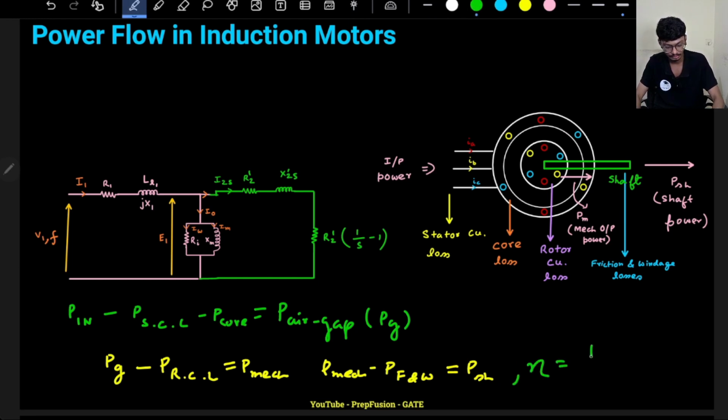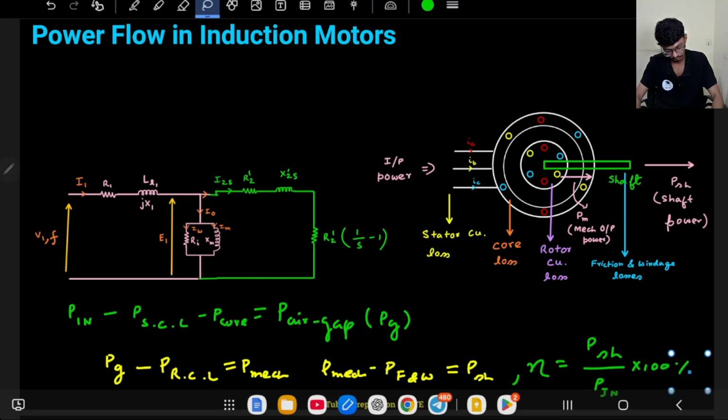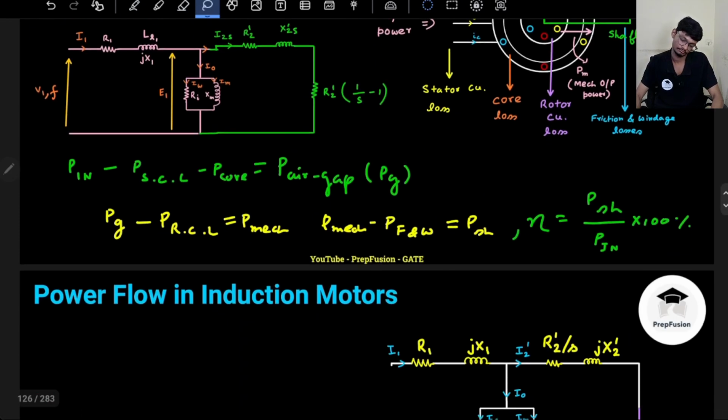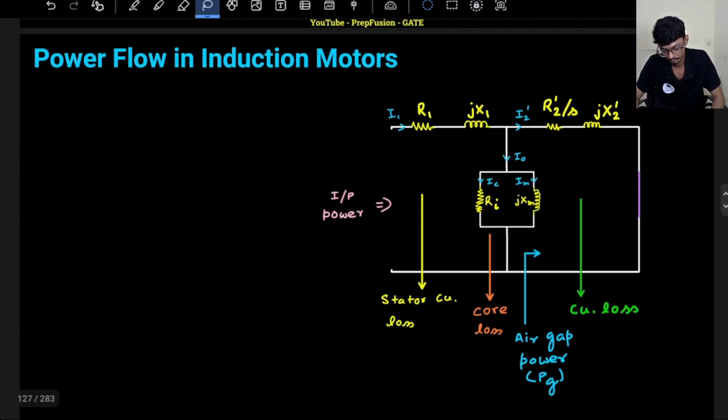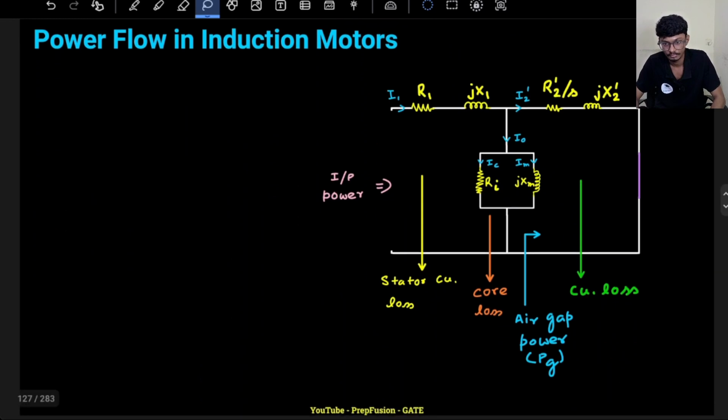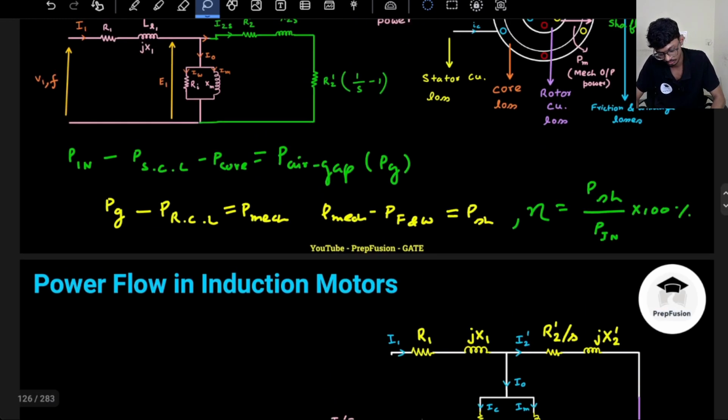So it is basically P shaft upon P in, into 100%. I hope you understand this power. This is known as P shaft, or sometimes it is called PO as well.